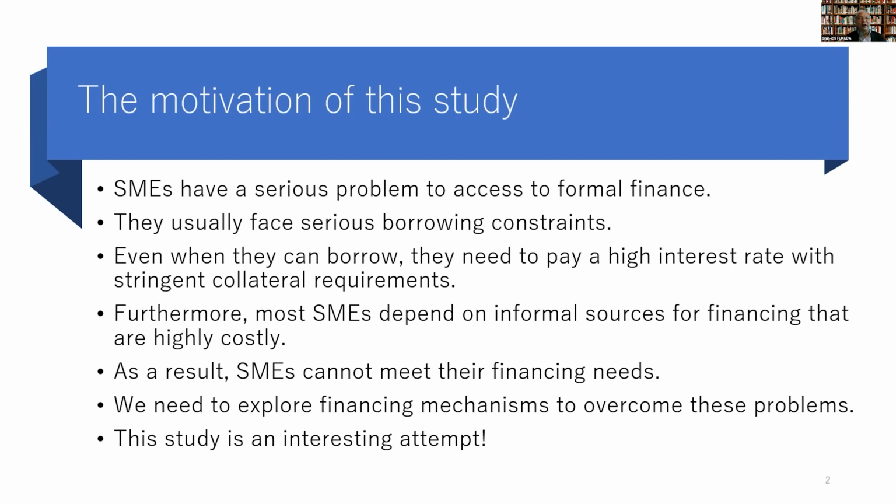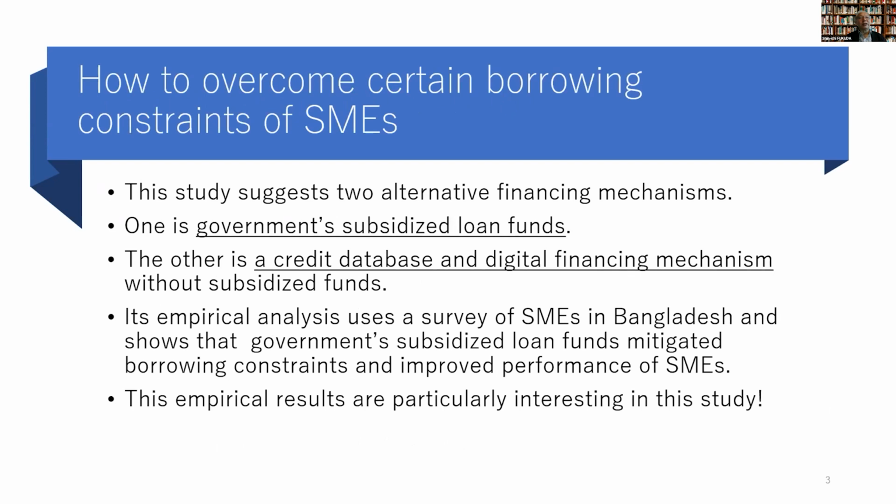This paper is a very interesting attempt to solve this problem. This study suggests two alternative financing mechanisms. One is the government subsidized loan fund, and they show its importance both theoretically and empirically. Also the paper suggests that a credit database and digital finance mechanism would be a good alternative, but only by theory.